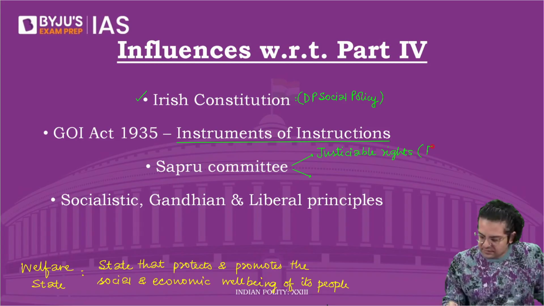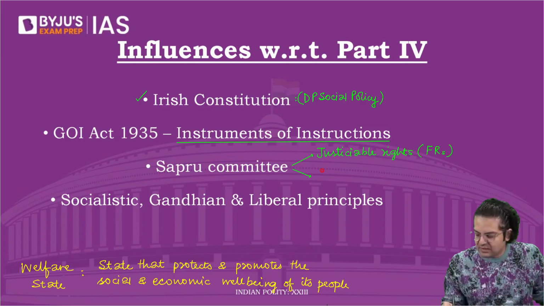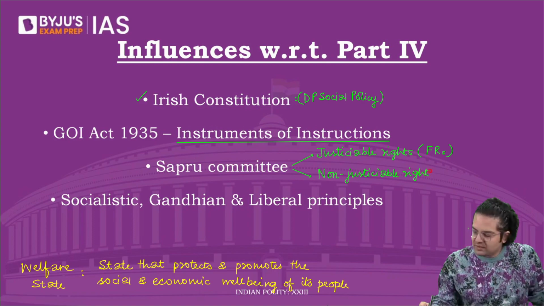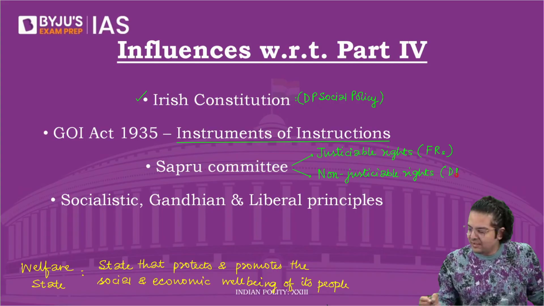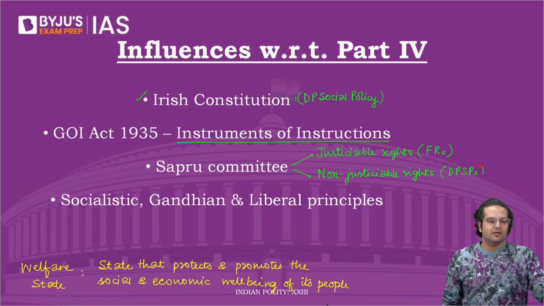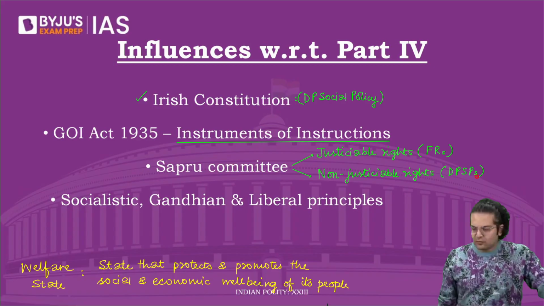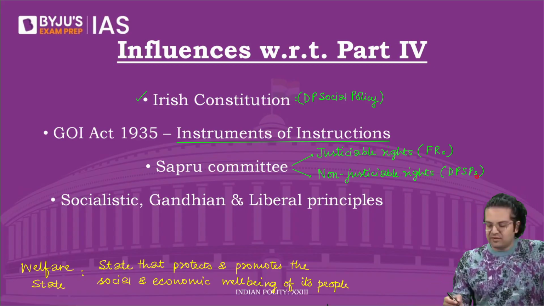Whereas the directive principles are non-justiciable rights. So the idea behind this is to create a set of expectations for the citizens from the state. And of course, there are some liberal principles.